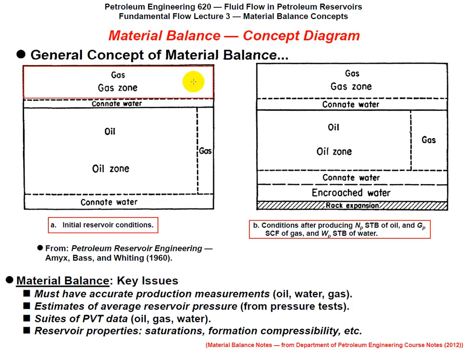Not a lot changed there. You have the connate water, which is the immovable water in the gas zone. Sorry, this thing doesn't like drawing on top of itself. And it expands a little bit in the gas zone. Then you have the oil zone.